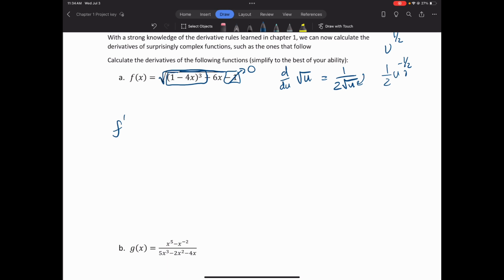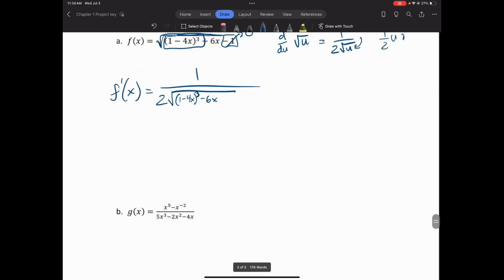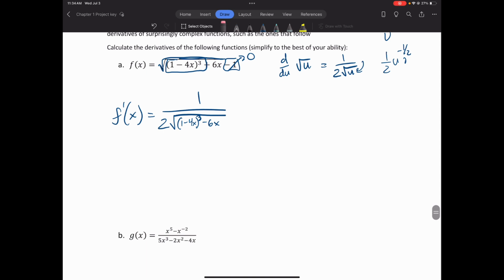So that means when I take the derivative of this, I get 1 over 2 times the square root of u. Well, u represents everything inside of the square root. So I'm left with this.